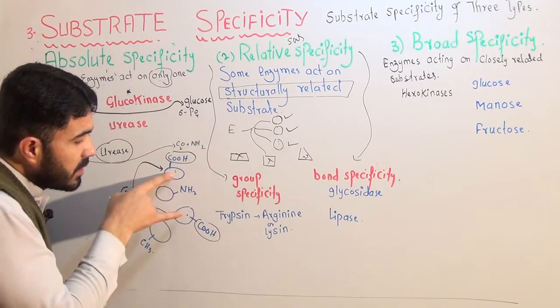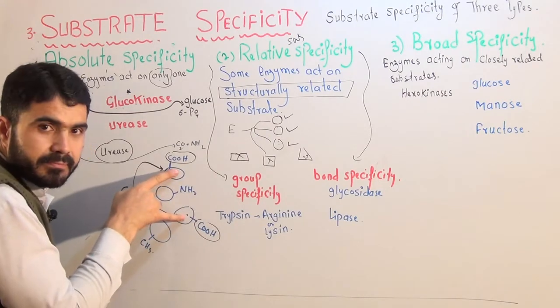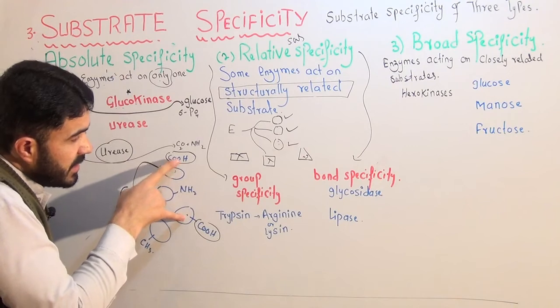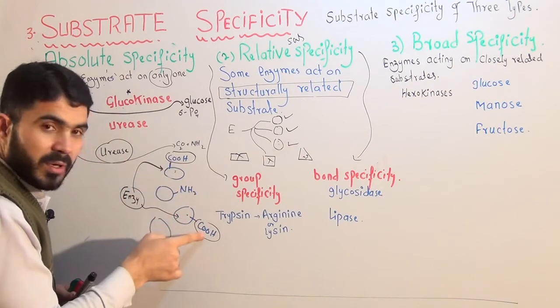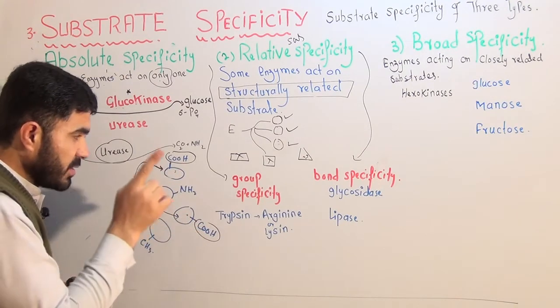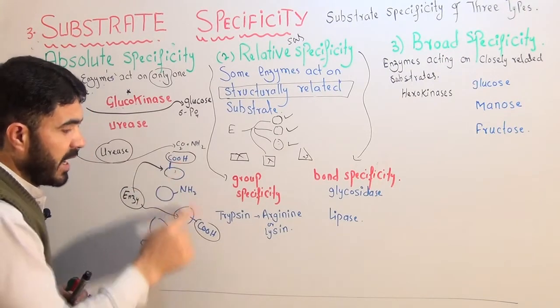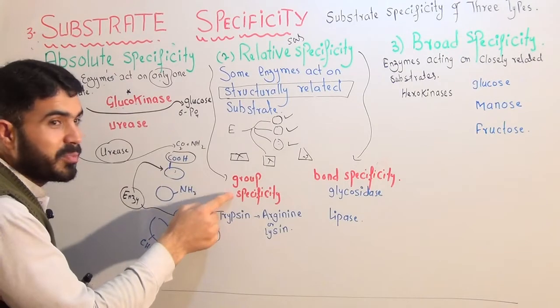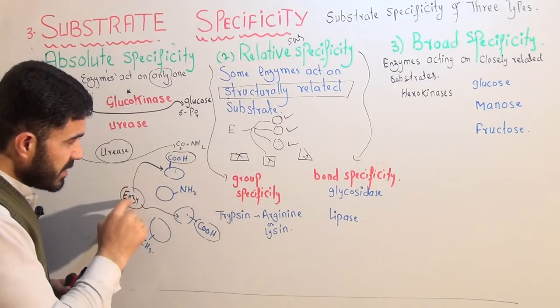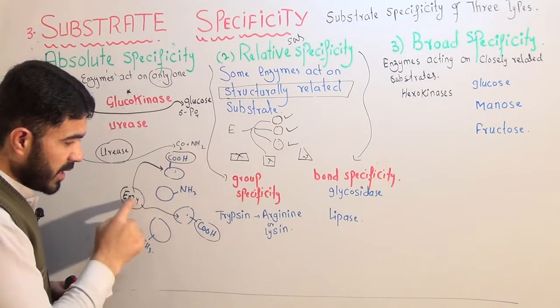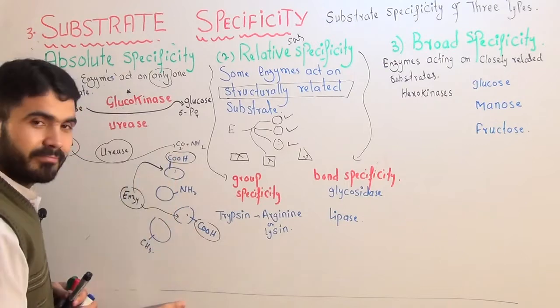So these 2 are different substrates, but they contain the same group. So the enzyme is acting on this substrate as well as on that substrate. Why? Because they have the same group. This is called group specificity. The enzyme is specific for this group.